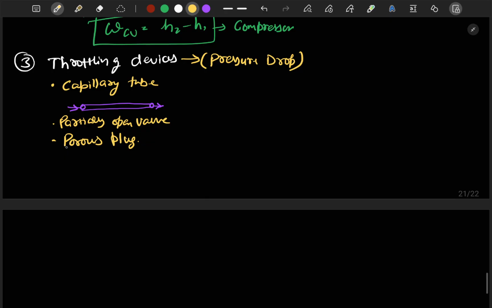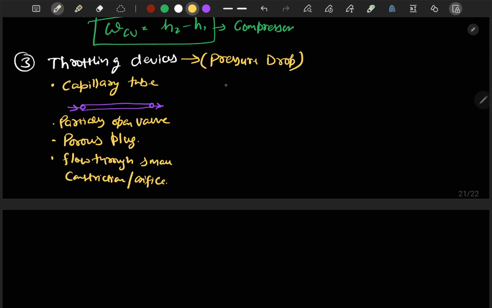And there is one more type, that is the orifice, flow through a small constriction or orifice.